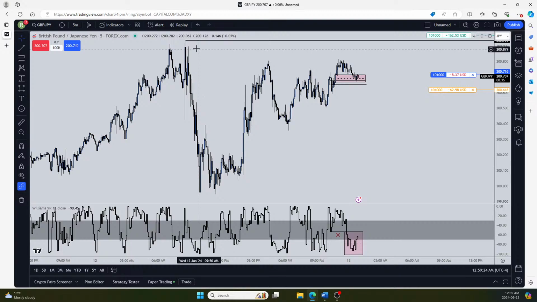If we go to a daily time frame, I believe the market wants to see higher prices. We are in a time of day where we are expecting to see some volatility. I know we're coming off of a pretty big news event yesterday, with FOMC or NFP or whatever it was.